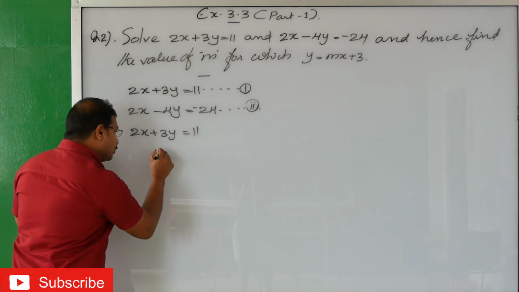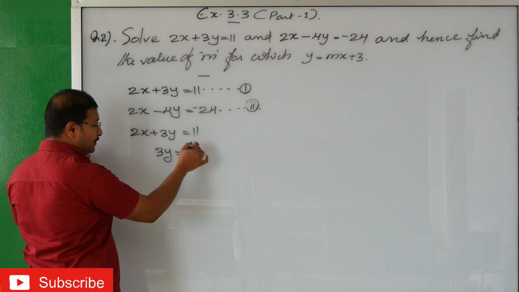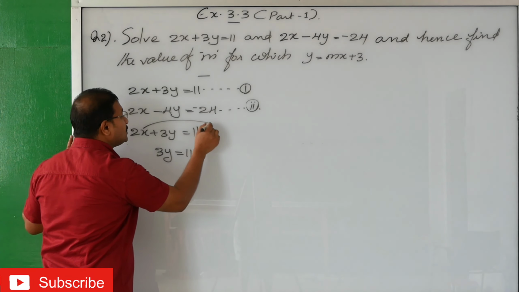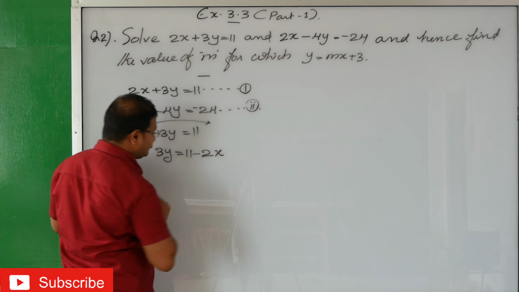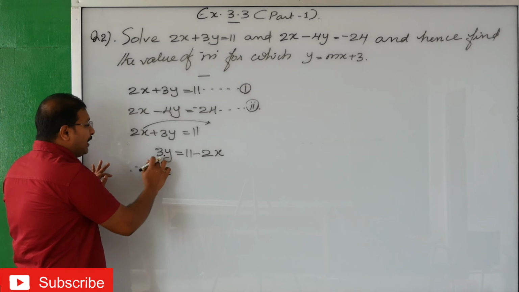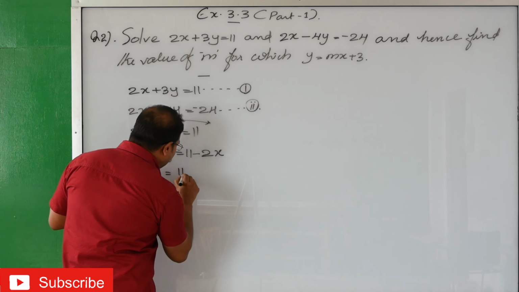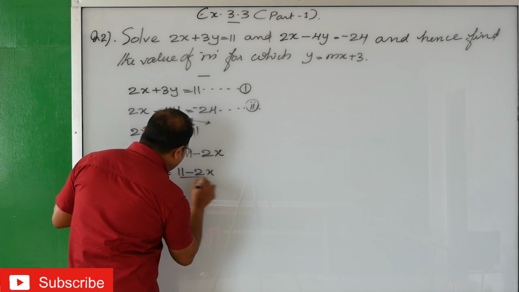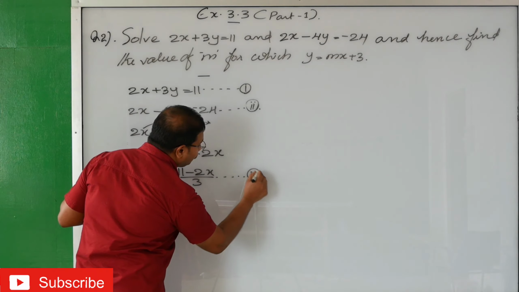After that, 3y I will keep here, then 11 I kept here. After that 2x will go to the next side, then it will be minus 2x. Ready? Therefore, y equals, 3 is multiplying, goes to the next side, it will divide. That means (11 minus 2x) divided by 3, equation number 3.